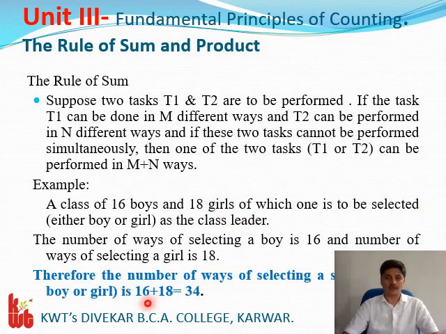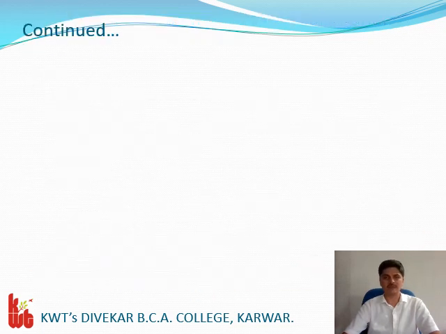Therefore, the number of ways of selecting a student as class leader, a boy or a girl, is 16 plus 18, which equals 34. That means I have 34 ways to select a student out of 16 boys and 18 girls. Hope you are clear with this. Now let us move further.